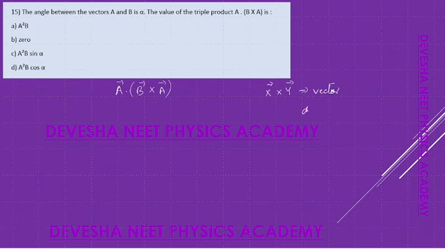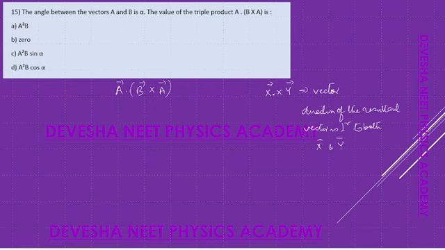And the direction of the resultant vector is perpendicular to both x and y. We mentioned this in an earlier video.